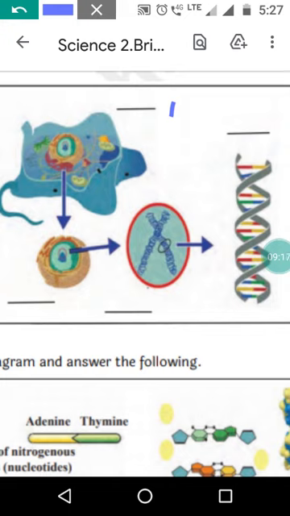Then for the second, you write the nucleus of the cell. Then for the third one you write the chromosome. And for the fourth one you write the gene. You have to refer to page number 182 from the textbook.